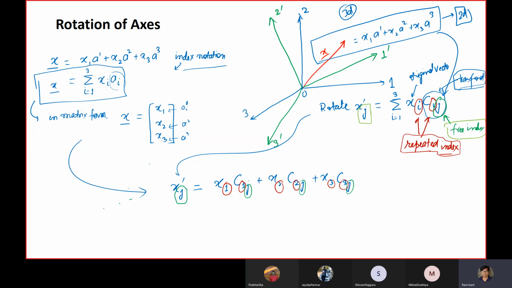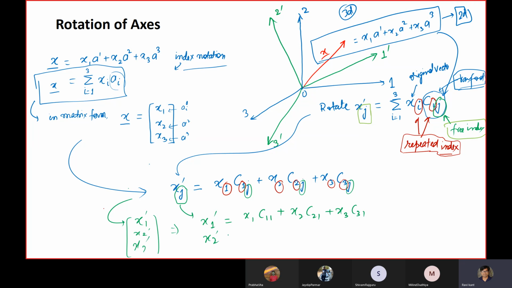Okay, so in turn I can write three components. These are my original components x1, x2, x3. Now I can tell that these are my rotated components x1', x2' and x3'. So x1', what should I write for x1'? Here x1' I can write as x1 c11, x2 c21, x3 c31.